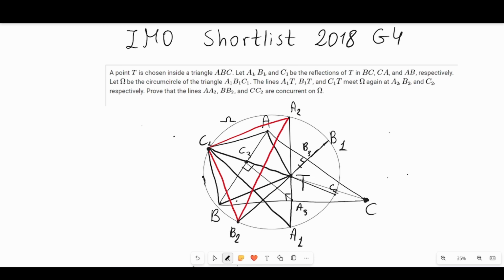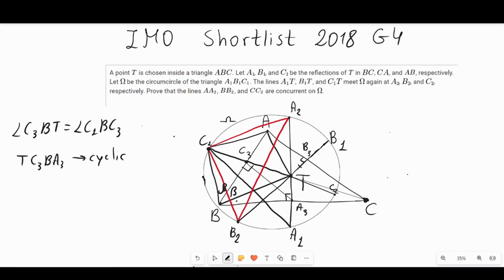Now look at angle C1BT, angle C3BT. This equals angle C1BC3, because C1 is the reflection of T over AB. So if we call both of these angles beta, now we can see that TC3BA3 is a cyclic quadrilateral.